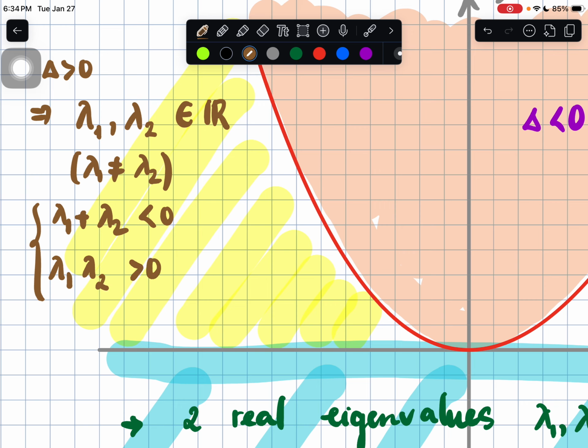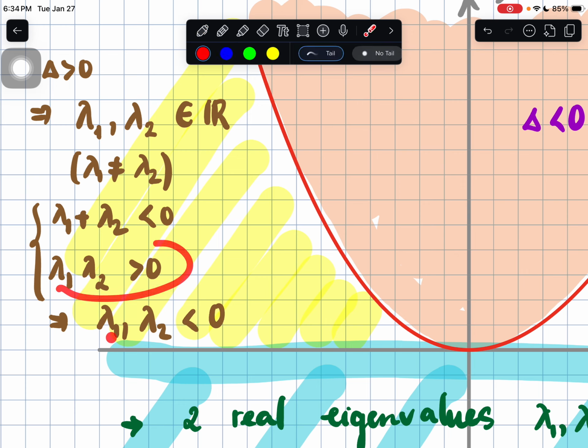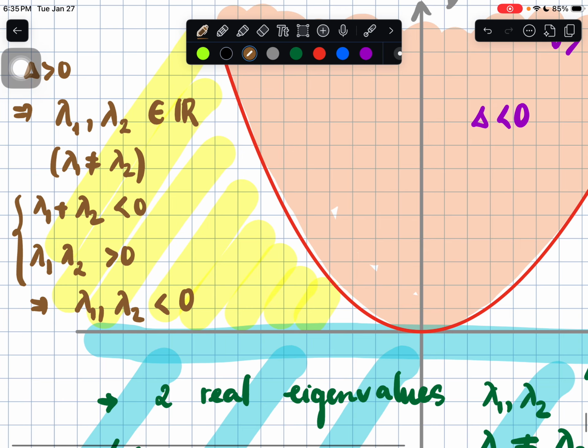So they have the same sign and the sum is negative. So this means both of them, lambda 1 and lambda 2, must be negative. The product is positive: negative times negative is positive. The sum is negative, so each one of them must be negative. For this we have two cases.